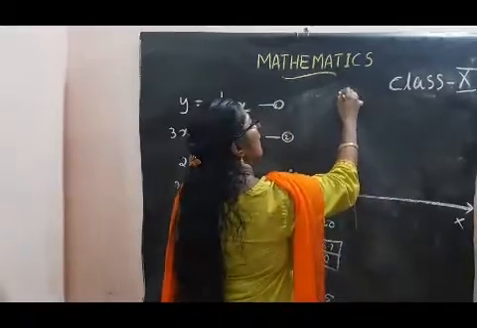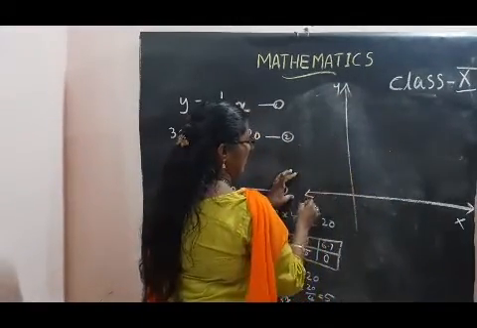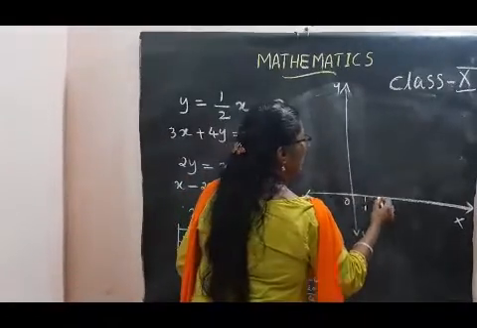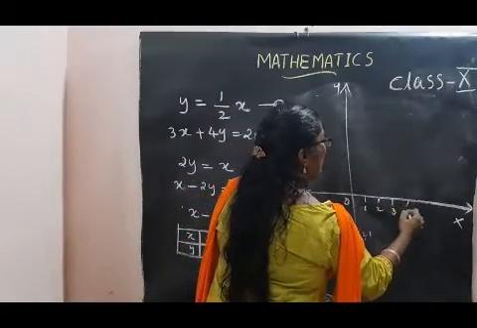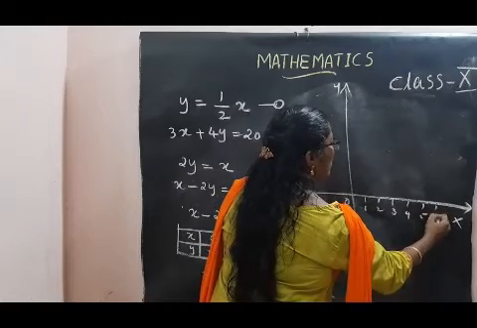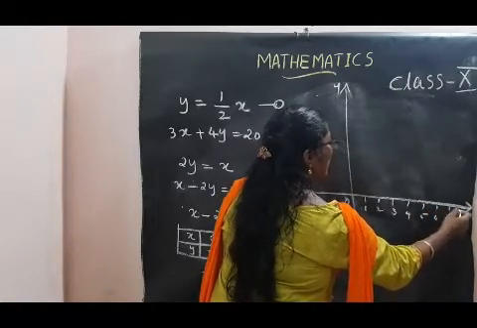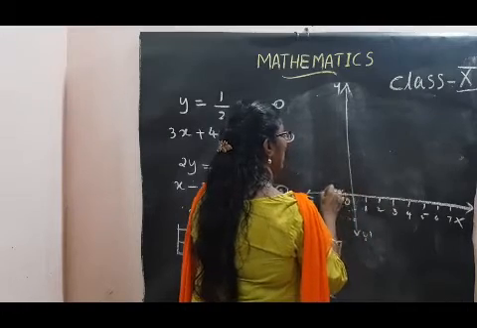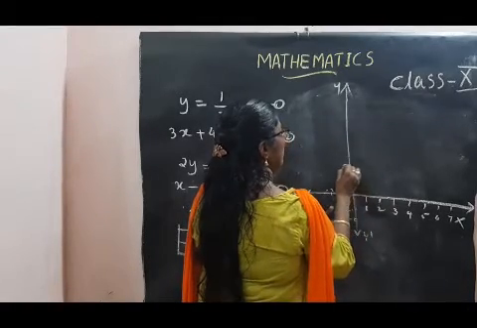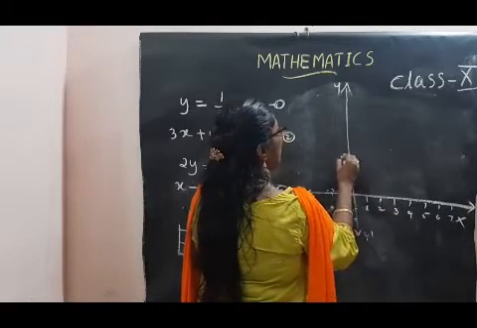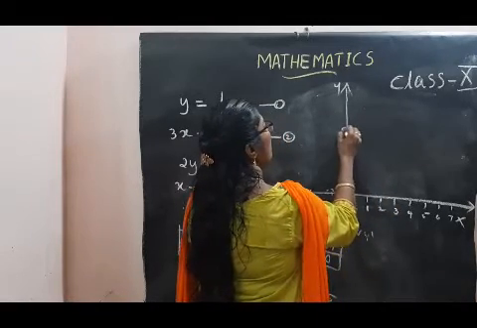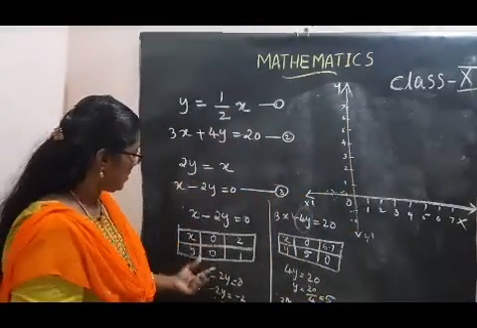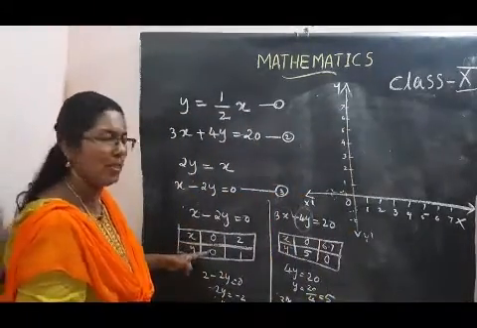X, y, x dash, y dash, and 1, 2, 3, 4, 5, 6, 7, etc. This is minus 1, minus 2. Here minus 1, minus 2. The first coordinate is 0, 0.